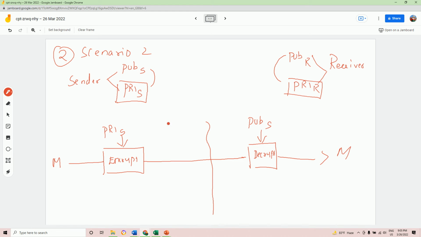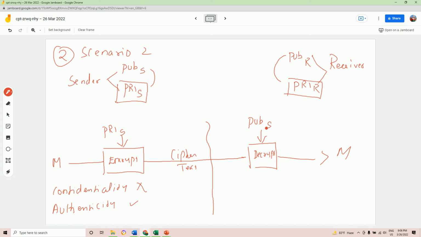In this scheme, please understand, there is no confidentiality. But there is authenticity. Because when you send this cipher text, it can be decrypted using the public key of the sender.